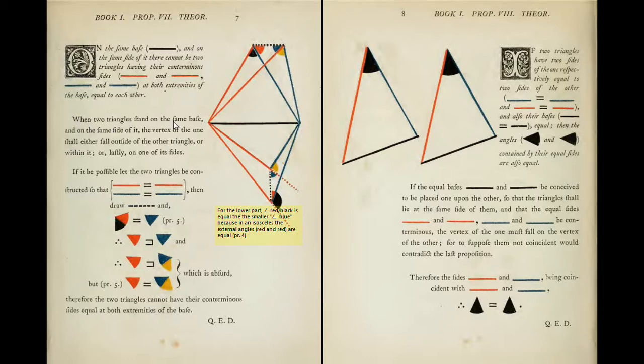When two triangles stand on the same base, which they do in fact, right? By virtue of the terminating of their sides on the extremities of the base, and on the same side of it, okay, so we'll consider the top, let's say, first, the vertex of one shall either fall outside of the other triangle or within it, or lying on one of its sides.